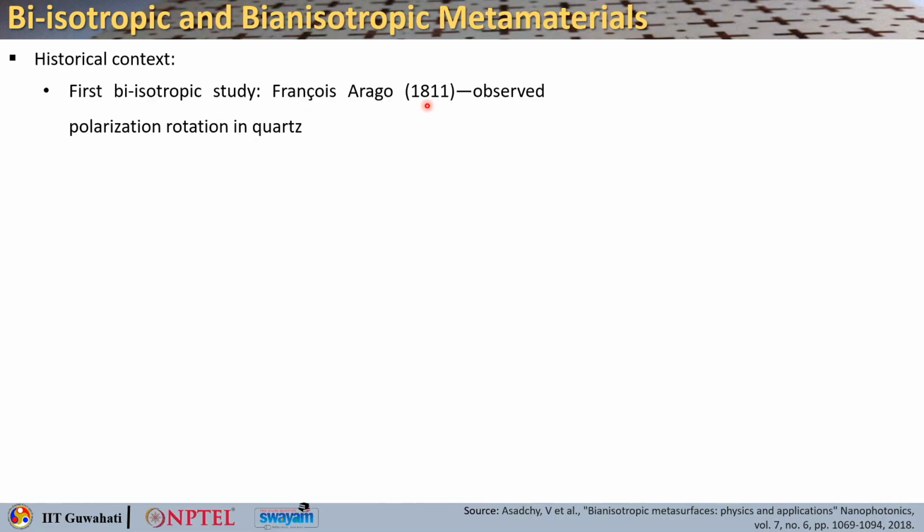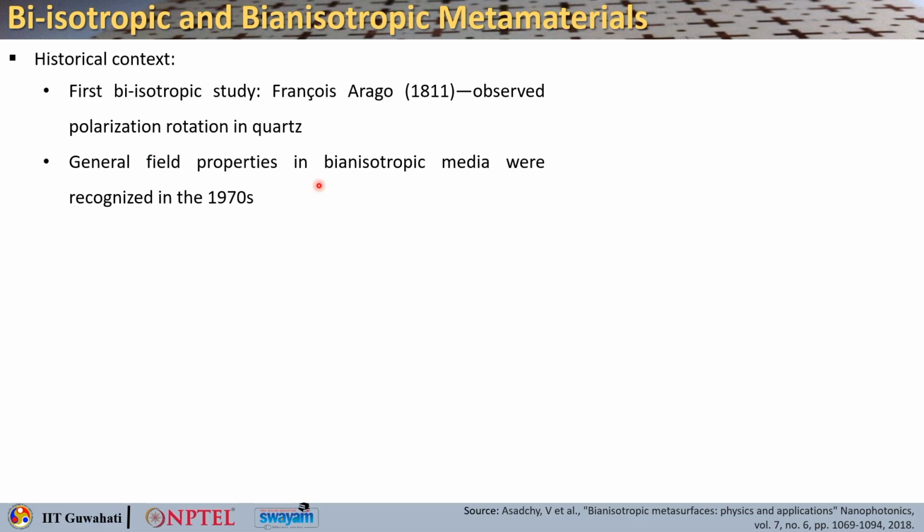Although the first known study on biisotropic materials dates back to 1811, when Francis Arago observed the rotation of the polarization plane of linearly polarized light in quartz, the general properties for the fields in biisotropic media were recognized far later, only in the 1970s.